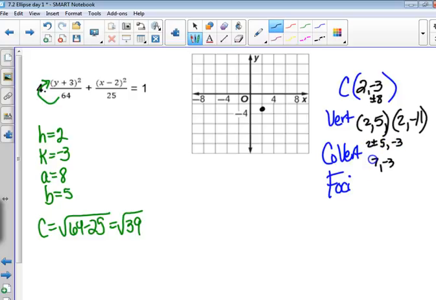So 7, -3, and -3, -3. Did anybody have those? Look anything like that on your paper? Okay. What?